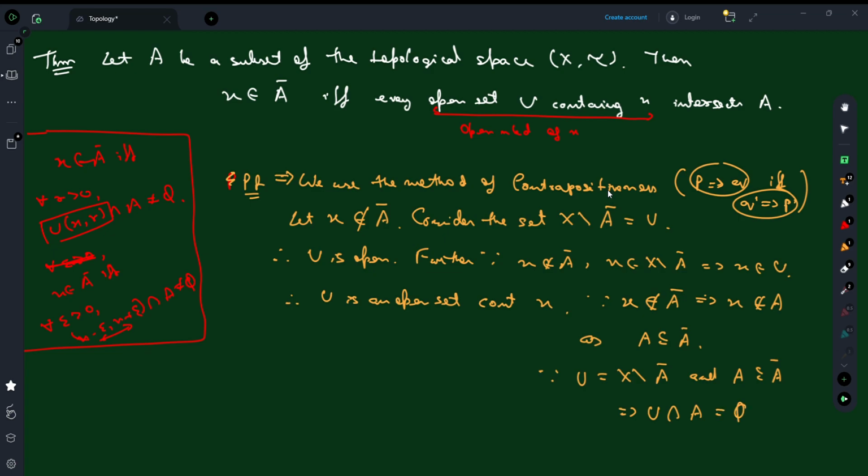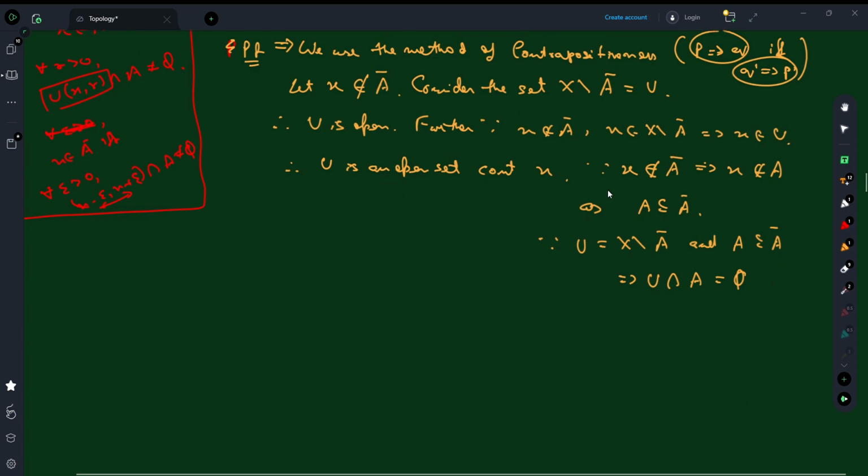But U is an open set containing x, so U does not intersect A. So that's the end of the proof of the first part. Let's prove the other part.